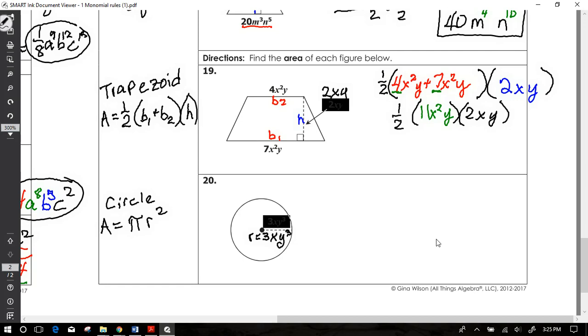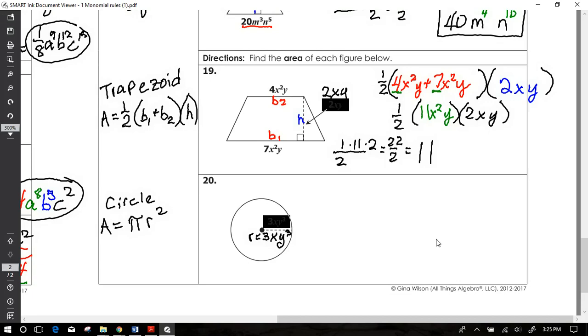So I'm going to do 1/2 times 11 times 2. And that's going to give me 22 divided by 2 is 11. Okay, so that's 11. I've dealt with all three of my numbers.